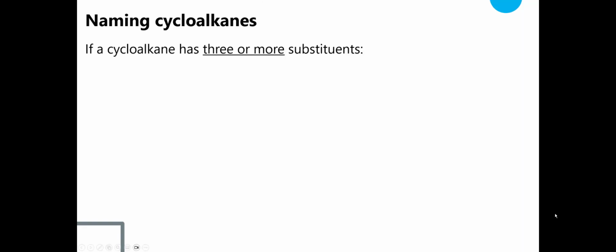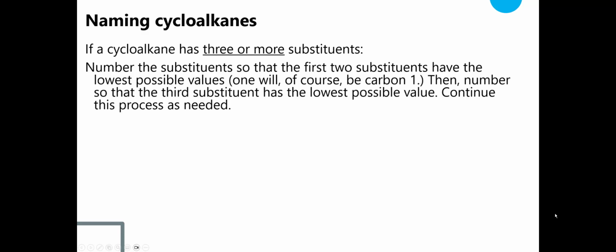Finally, we look at the case where the cycloalkane has 3 or more substituents. So what takes primacy here is giving the lowest possible numbers going around the ring, principally to the first 2 substituents. So we want to number in a way so that the first two substituents have the lowest possible numbers, and one of those will be carbon number 1.